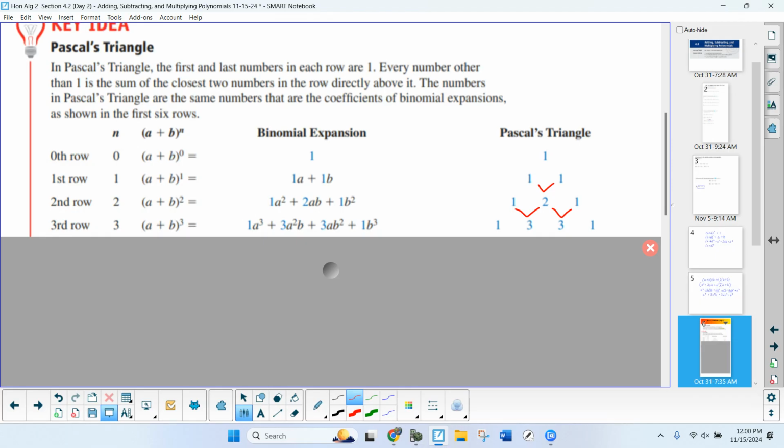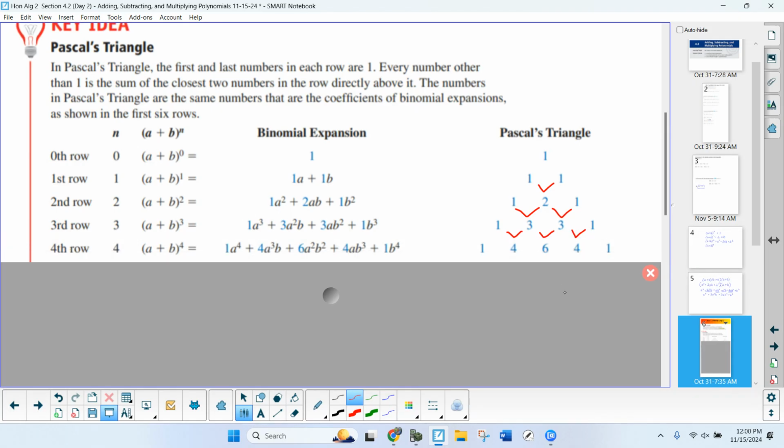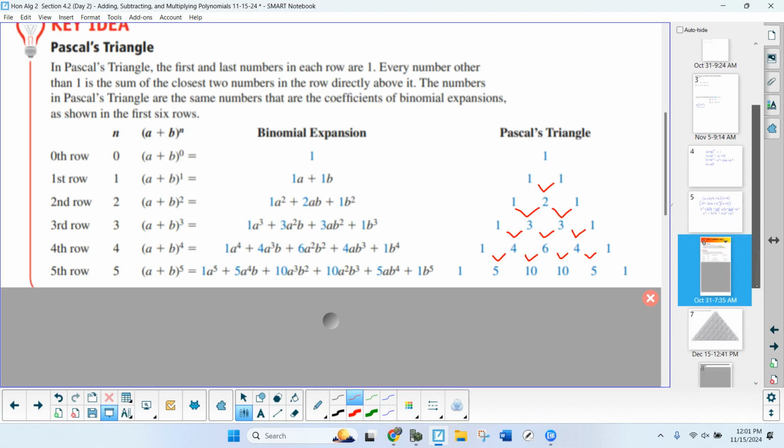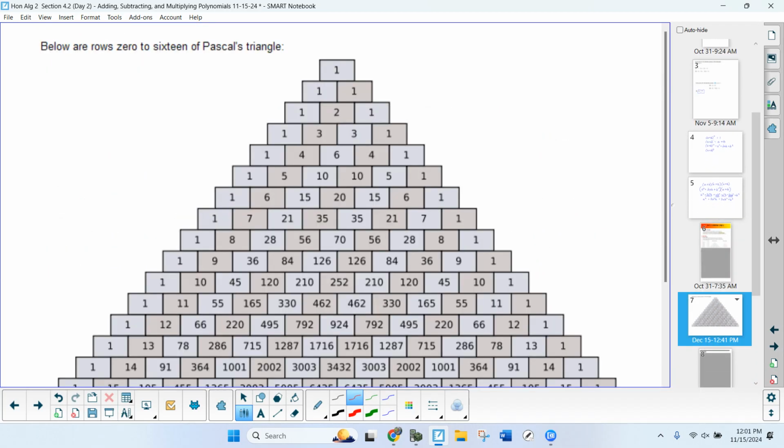I put 1s on the end, add these to get, add these to get, add those to get. You see how that works? The next row, bring the 1s down. You would add these to get 5, add these to get, add these to get 10, add these to get 1 on the end. And you could go on and on.